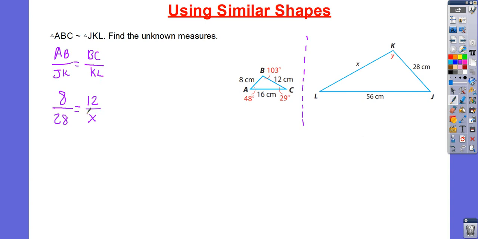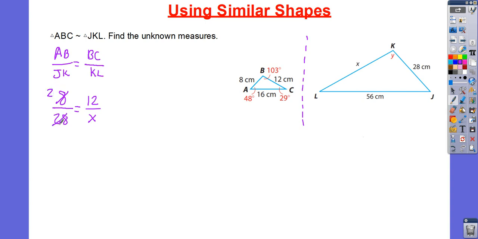So I could solve this a couple of ways. I could try to do equivalent ratios, but 8 cannot go directly into 12. I could cross multiply if I want to as well, but let's just go ahead and simplify and see what we get. So I'm going to divide this by 4. How many times does 4 go into 8? 2 times.